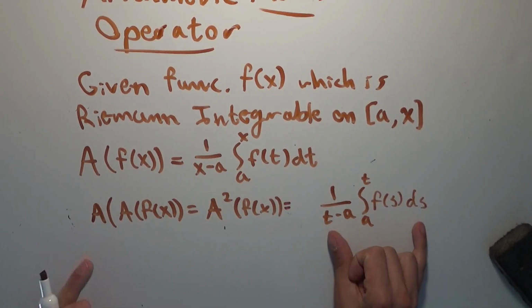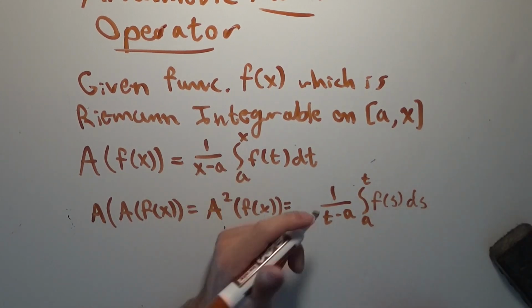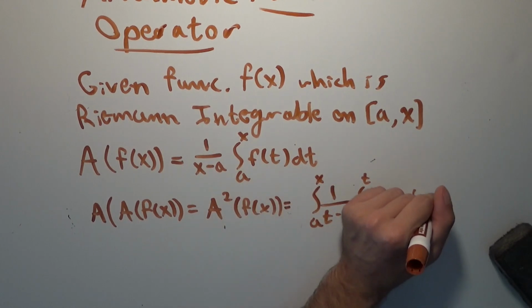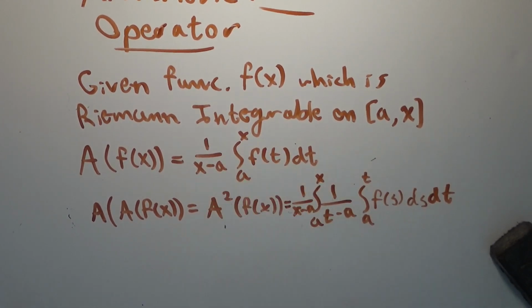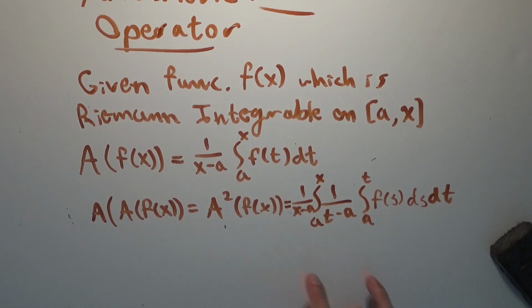I've just changed the variable, so now we have x on the outside, so it's still a function of x. Now we're taking the average of this. We need to take the integral of that whole thing from a to x with respect to t, and then multiply by 1 over x minus a. The starting point is the same for each average, just to simplify things. So you can just pick a and it becomes whatever it is. And so this is the second average.